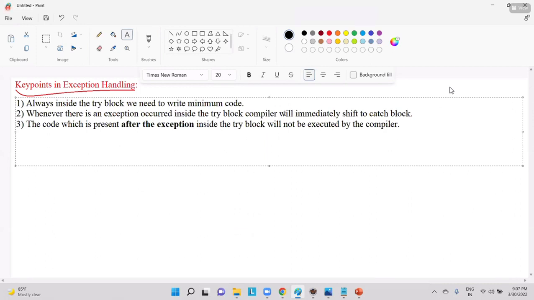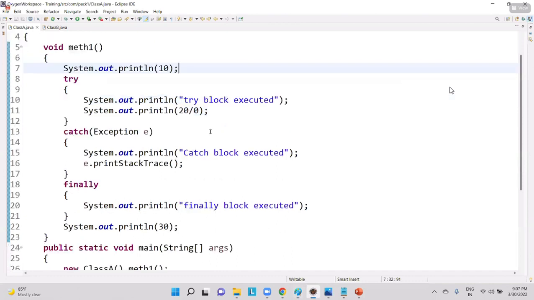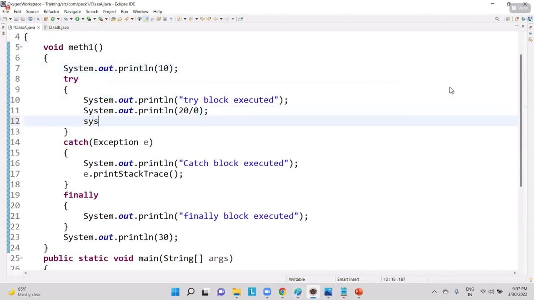Because whenever an exception occurred inside the try block, compiler will immediately shift to catch block. For example, please check this. Here inside the try block, I am writing System.out.println hello.